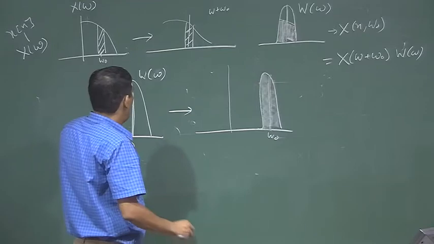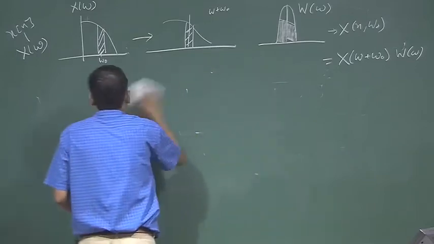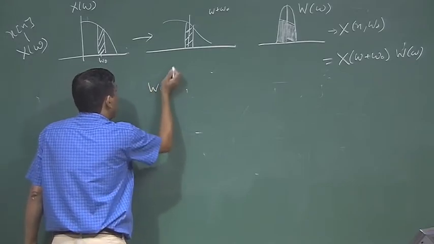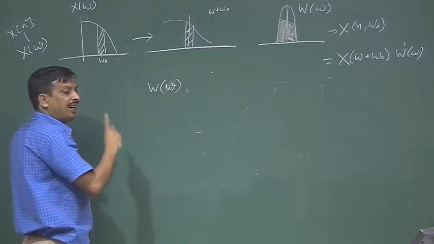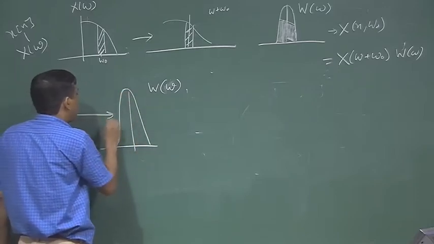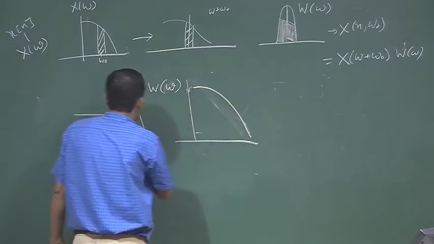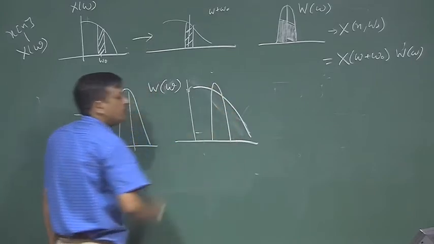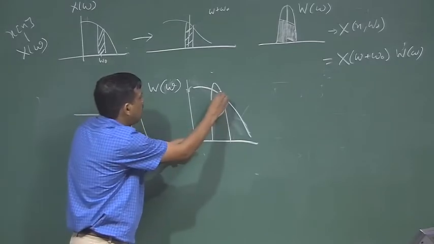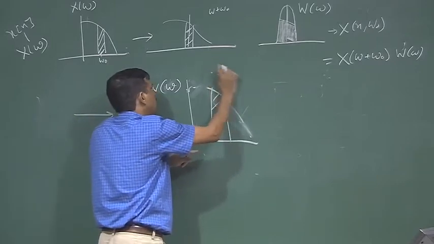Once I get W omega, the frequency response of the window, I pass the baseband signal with the frequency response of the window. If the baseband signal's frequency response is this one, then this window comes here. So this portion will be there and the rest will not be there, only this portion around omega 0.